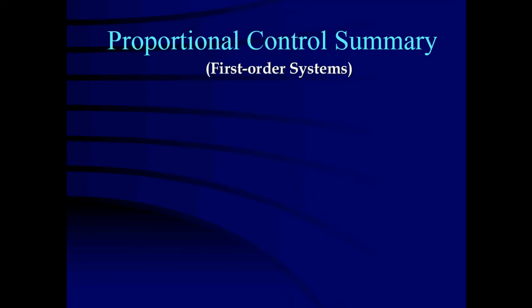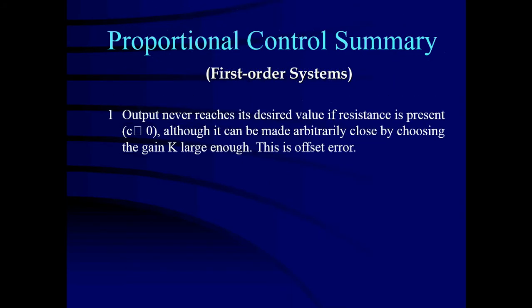Summary of proportional control. First of all, for the first order system, the output never reaches the desired value. So this you have to know. When you use proportional control, there will always be an error. You will never be able to get rid of this unless you do something else.